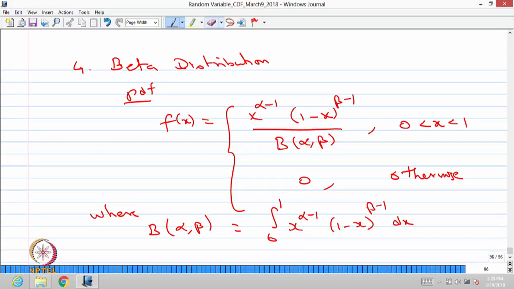So, if you integrate this function over the interval 0 to 1, you will get the beta function, and the probability density function has the denominator beta function. That means if you integrate it, it is going to be 1. That means the beta function is going to be the normalizing constant for the beta distribution.